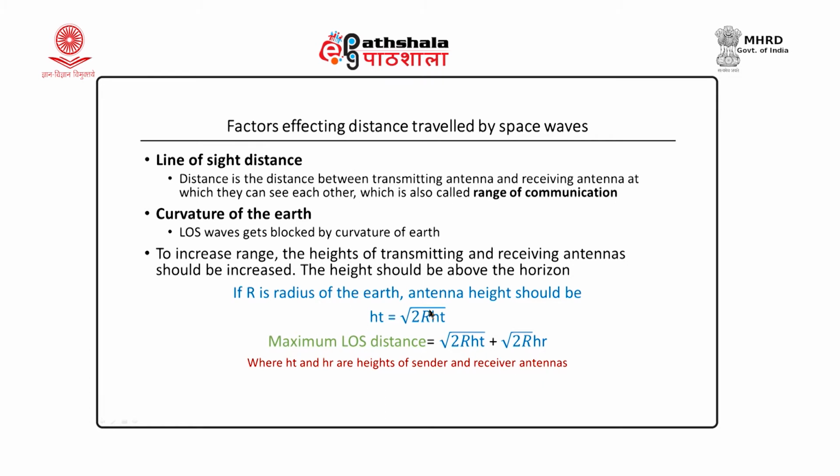And with this type of antenna, the maximum line of sight distance I will be able to achieve is under root of 2r ht plus under root of 2r hr. Please note that the t and r are subscripts: ht stands for the height of the transmitting antenna and hr stands for the height of the receiving antenna.